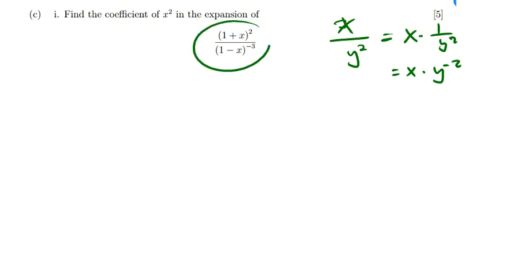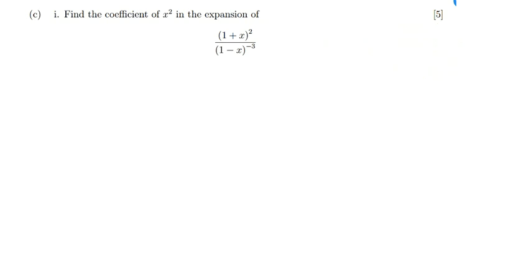So we have to write this in form of this, using the principle I've given you. Meaning, this can be written as 1 plus x to the power 2 times 1 over 1 minus x to the power negative 3. Now, since here there is already to the power negative 3, for me to remove this negative, let me give you another example.